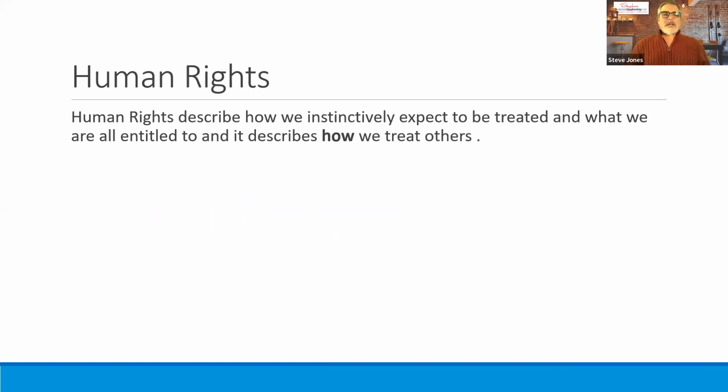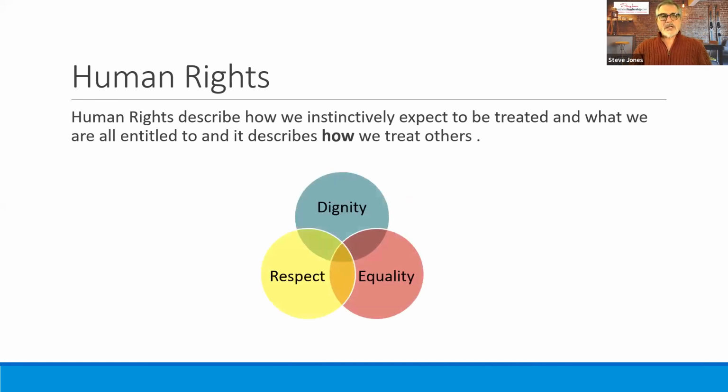So human rights describes how we instinctively expect to be treated and what all people are entitled to. And it describes how we really are expected to treat others with dignity, respect, and equality. Now, remember, equality doesn't mean the same. Equality means equality of opportunity, equality of process.